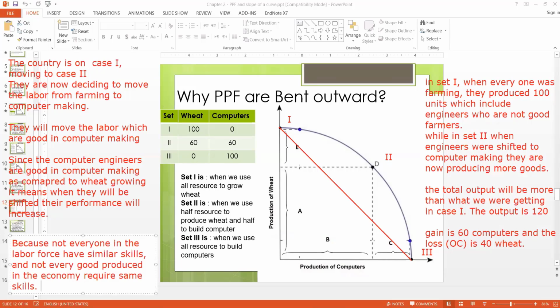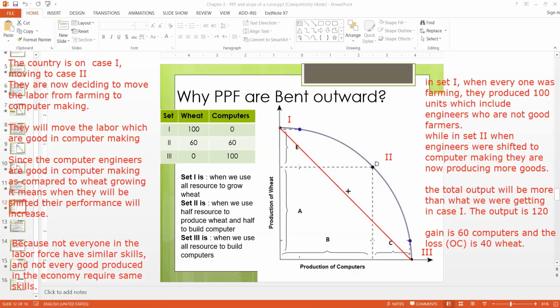Each good requires different skills, and there are people in the economy who have different skills. So not everyone can be moved to the same factory. So when you produce in the middle, where everyone is working in the field where they are good, the country will produce more. Let me draw one line here.